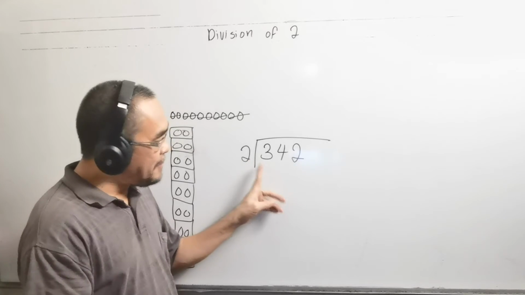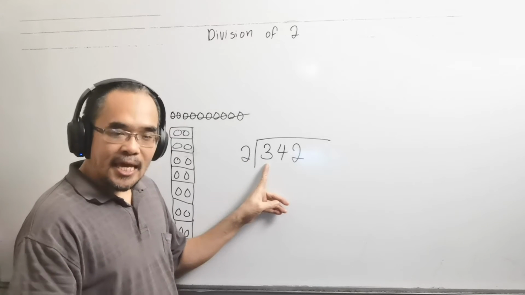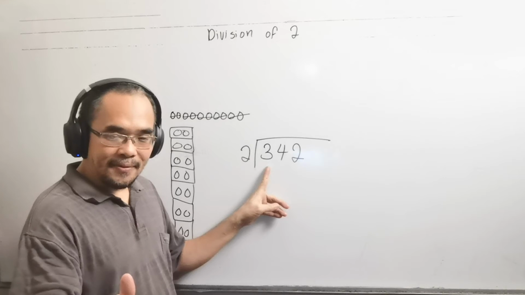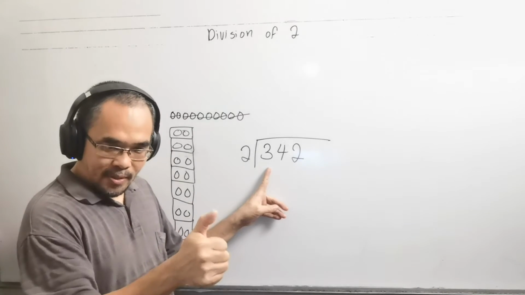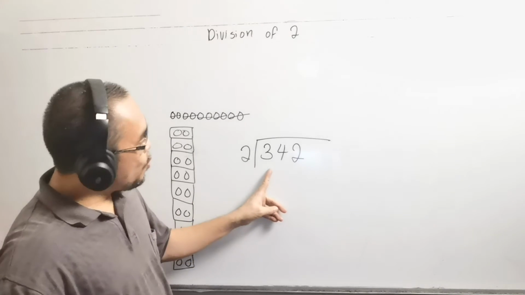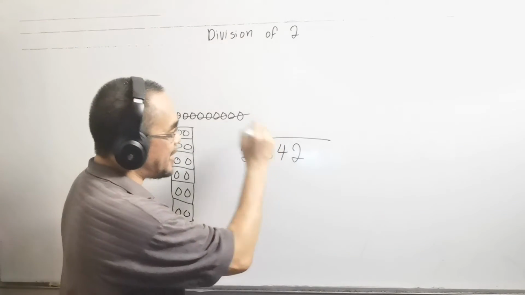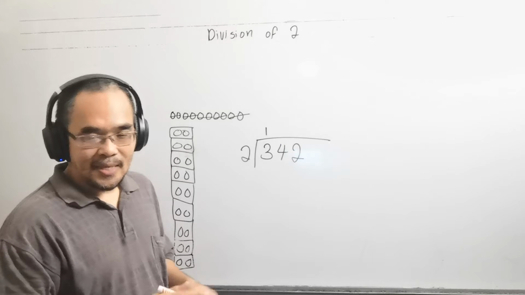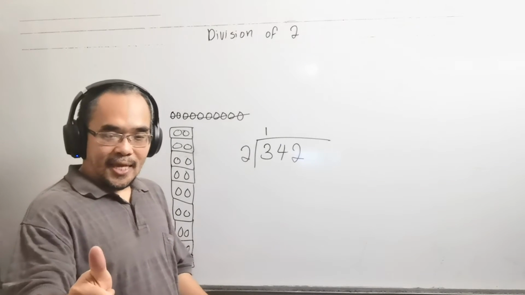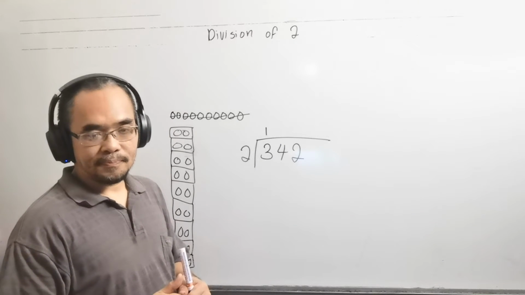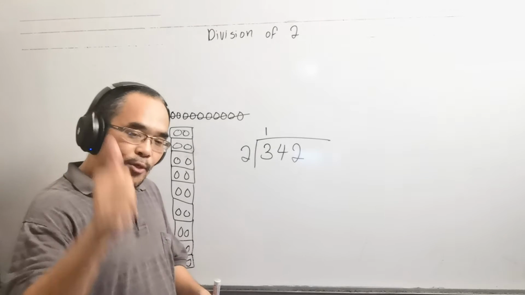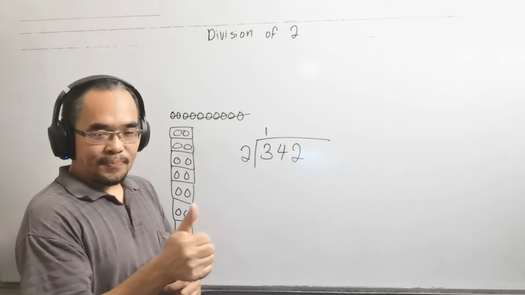Because 4 is bigger than 3, you take only 1 finger. 1 means you write that 1 on top of 3.